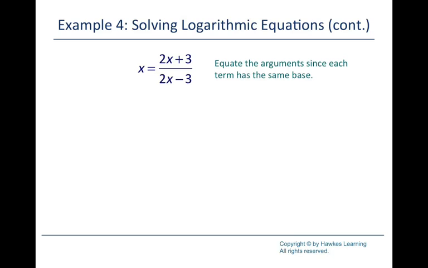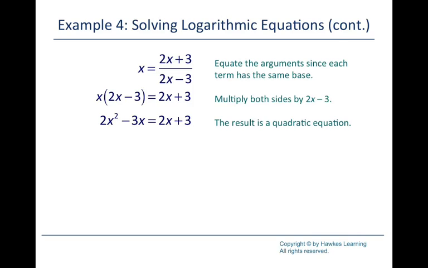Simple as that. Now you can multiply by 2x minus 3 on both sides. Makes it cancel out on the right. Distribute your x, so you have 2x squared minus 3x. And then you're going to bring the 2x and the 3 from the right side to the left side. So you're going to have minus 5x minus 3.